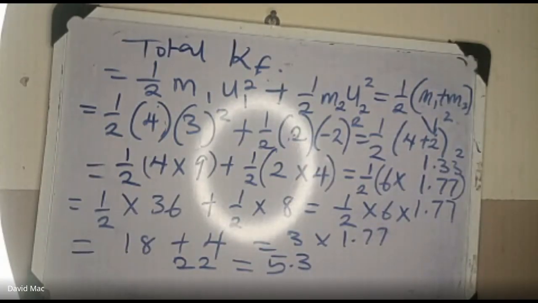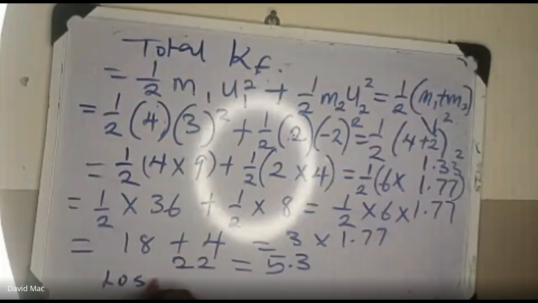So what did they say you should find? Find or calculate the kinetic energy. Remember, I said that your kinetic energy is the energy dissipated when the body moved. So when you dissipate something, what does it mean? You are losing. So we call it loss in kinetic energy.